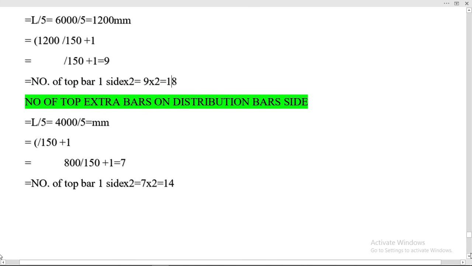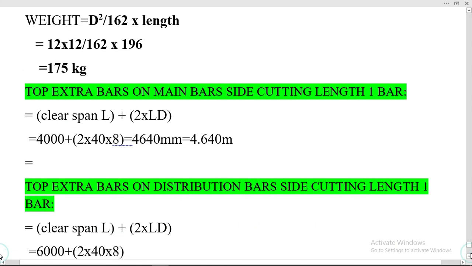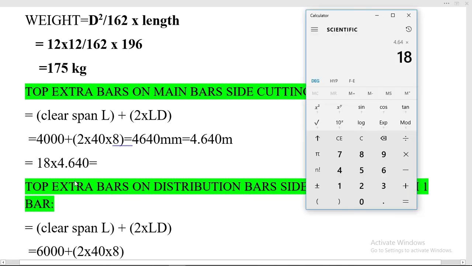First we will calculate the cutting length on the shorter span side. Multiply 18 number of bars with the one bar cutting length, 4.640. 4.640 into 18 gives us 83.52.